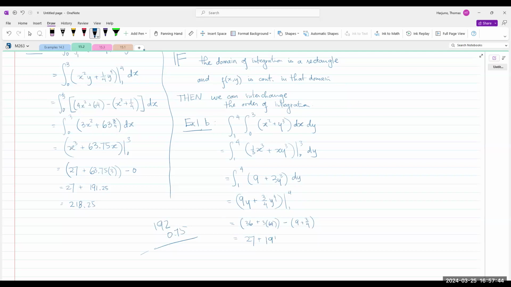Oh, I got the right answer earlier. Surprise. That equals 218.25.